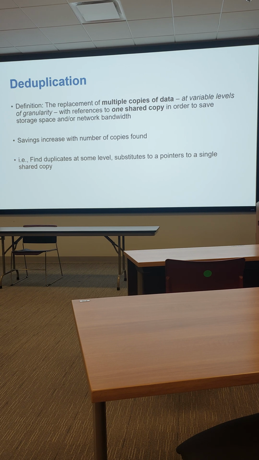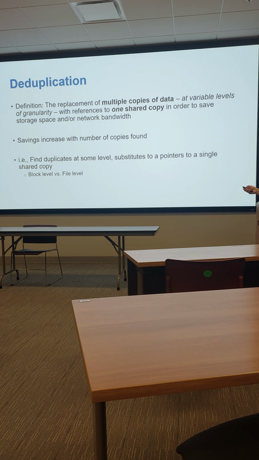So oftentimes you want to be able to access a file from here and there. It can still be done without having a lot of duplicates. Just have a link, symbolic link, hard link, like in Linux. You want to have just pointers to a single shared copy.